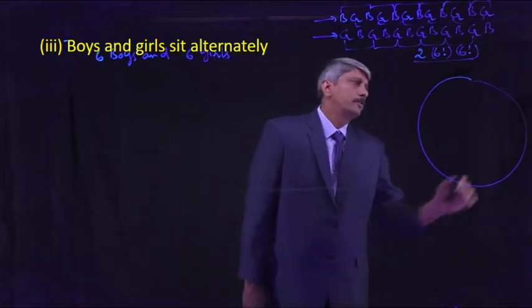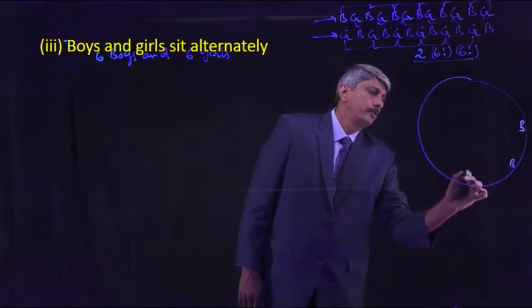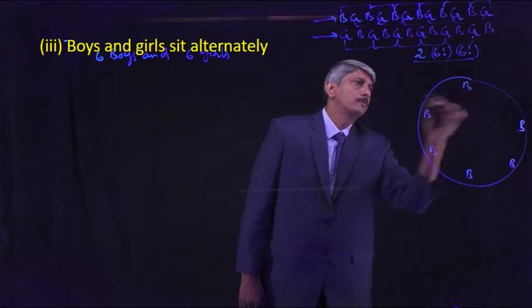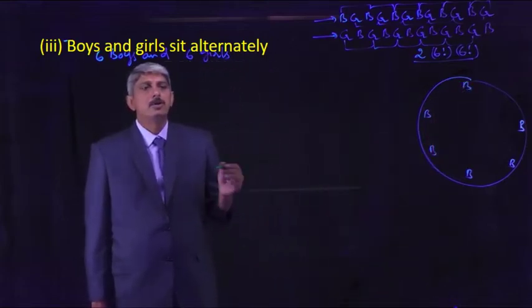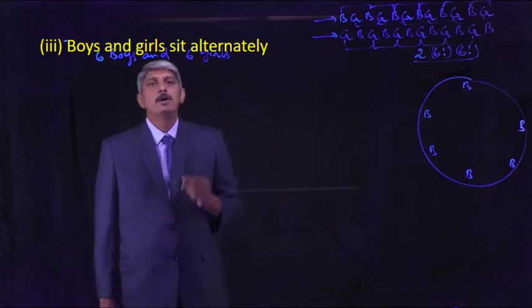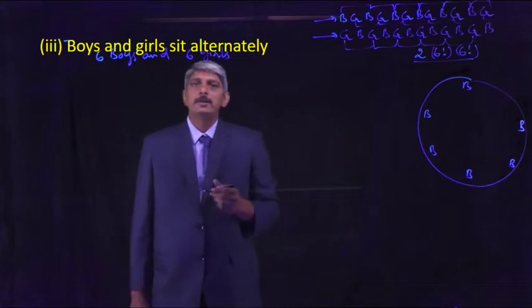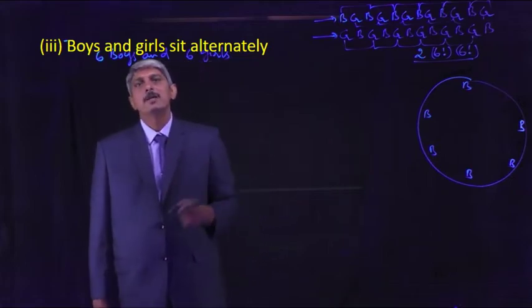So first we arrange the 6 boys around a circle in how many ways? 6 minus 1 factorial. The number of ways n things can be arranged around a circle is n minus 1 factorial.